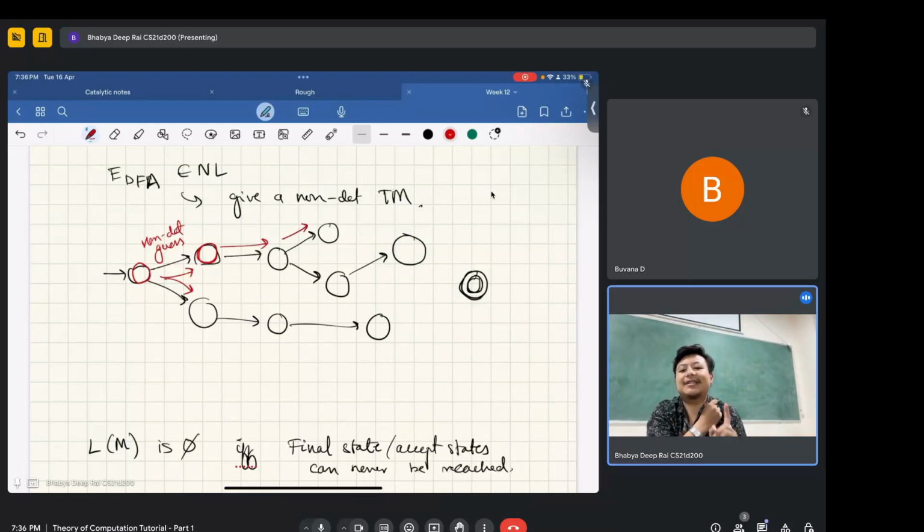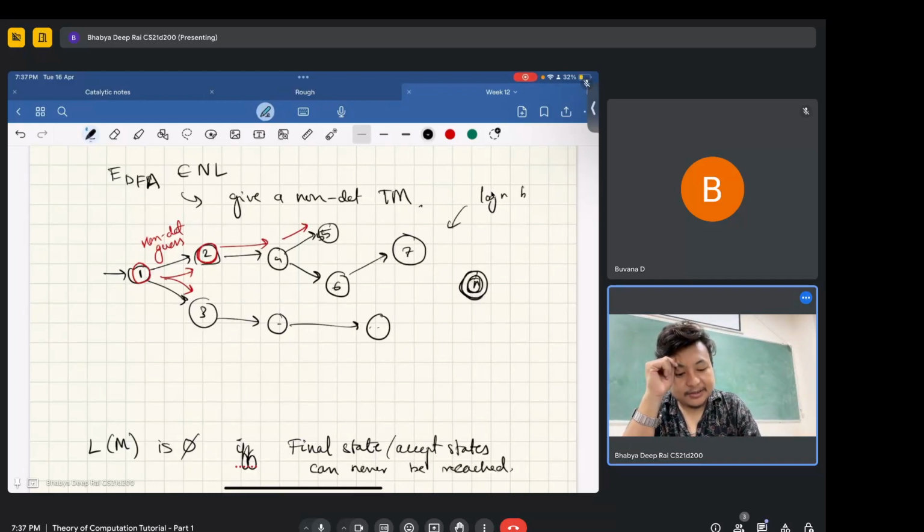How many vertices am I remembering? I'm remembering only one vertex. So if there are n vertices, I just need log n bits to index it, because if I have 1, 2, 3, 4, 5, 6, 7, and so on, up to n, to encode this in binary, I'll just need log n bits.